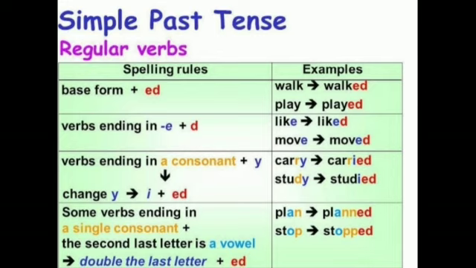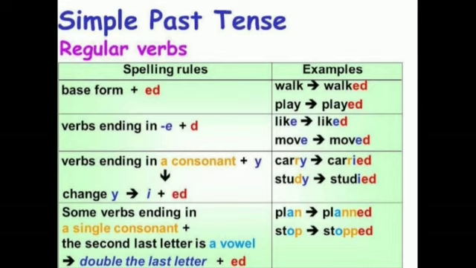And for verbs ending in a consonant followed by y, we have to remove y and then add ied. That is carry: we are removing y and adding ied. Then study, studied. Carry, carried.